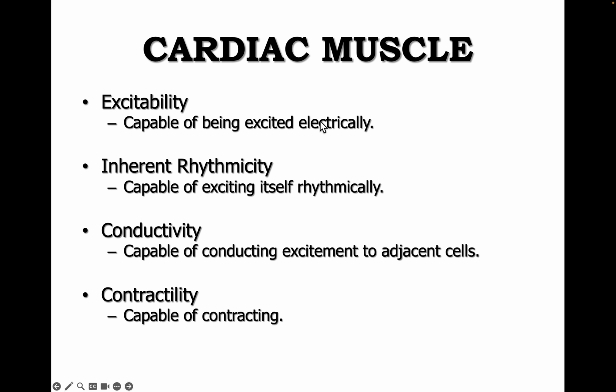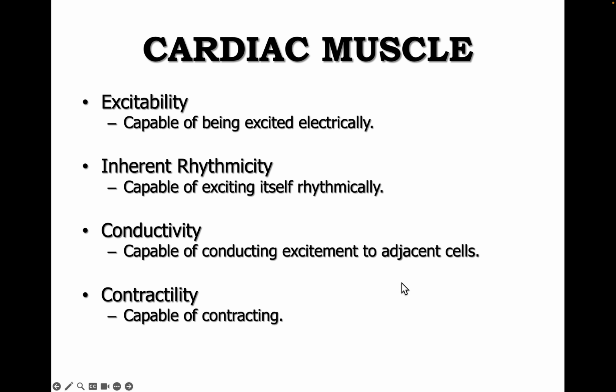Thirdly, cardiac muscle has the characteristic of conductivity, meaning that adjacent cells can take the excited heart muscle cells, and the adjacent cells being excited have an electrical stimulation that can cause the next door cardiac muscle to contract.